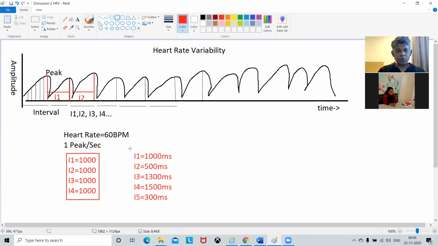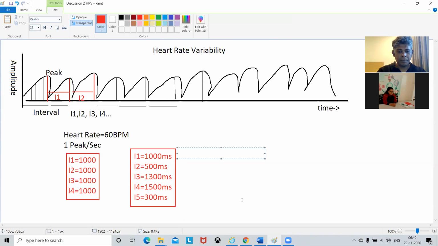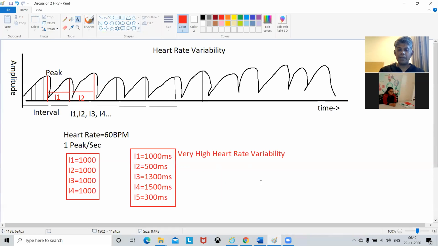This is a condition which is called a very high heart rate variability. And what happens when the heart rate variability is very high, that is, the body is shifting from bradycardia to tachycardia, you know that the autonomic system is not capable of coming back to the equilibrium.